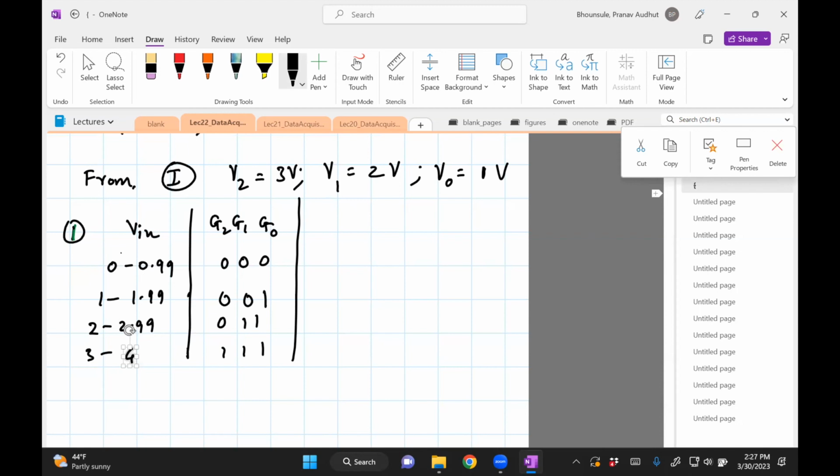But the issue here is that they don't really correspond to 0, 1, 2, and 3. In the decimal system, this number is 0, this is 1, this is 3, and this is 7. So 0, 1, 3, 7, but I don't really want 0, 1, 3, 7. I just need it to be 0, 1, 2, 3.